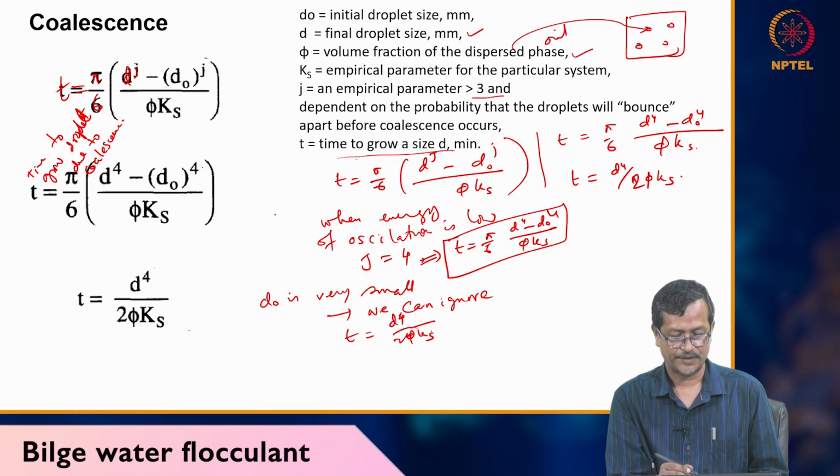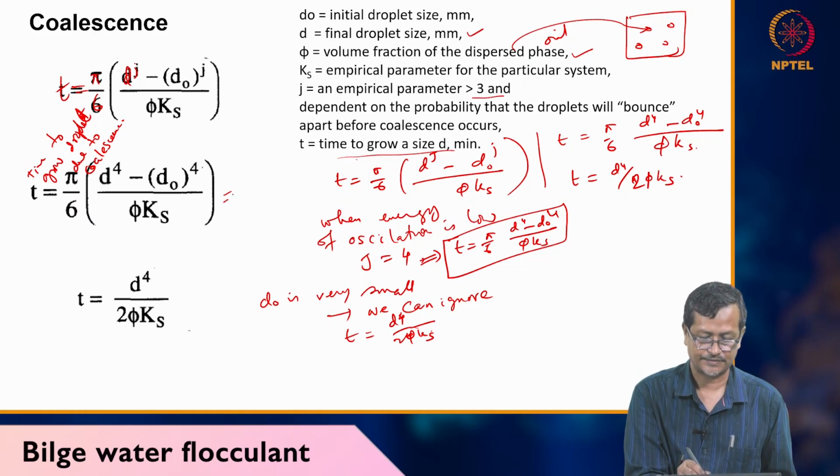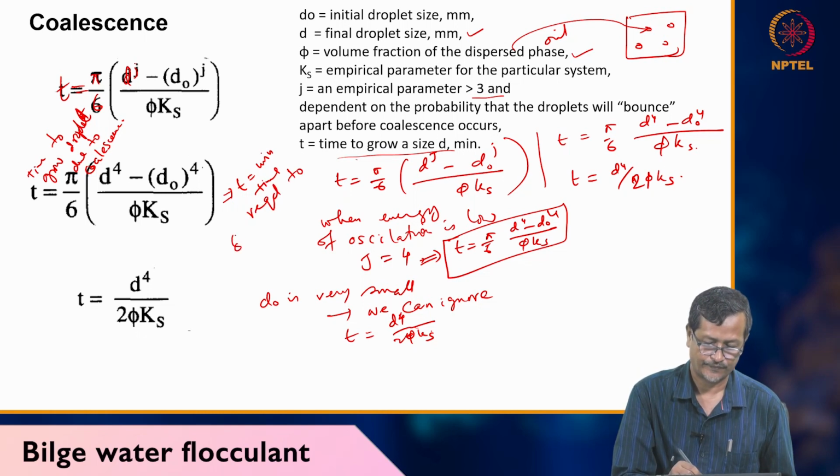Okay, so T equals the minimum time required to obtain a particle size d.